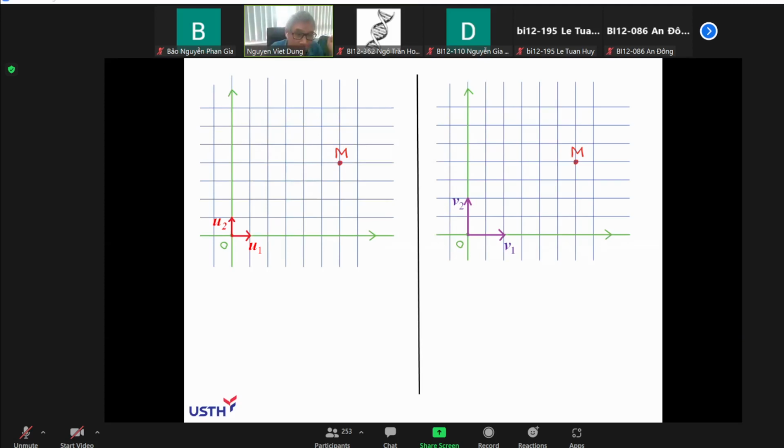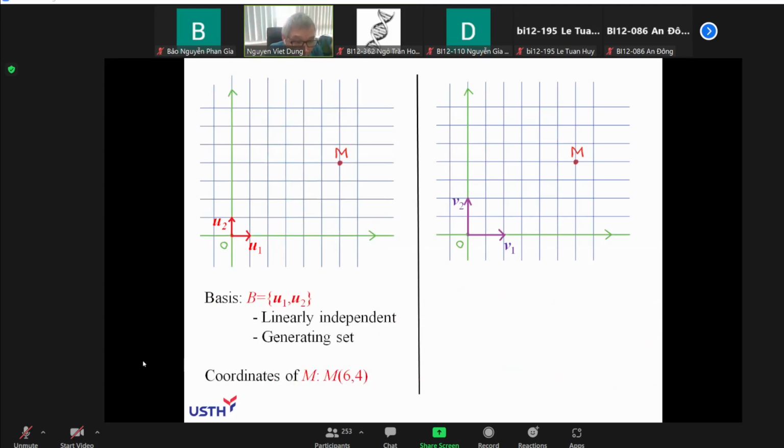Now on the left hand side, we consider the basis B consisting of two vectors u1 and u2. Because u1, u2 are linearly independent and a generating set, B is a basis for the plane here. And in this basis, the vector m has coordinates 6, 4. You can look at the lines here and see the coordinates of m are 6 and 4.